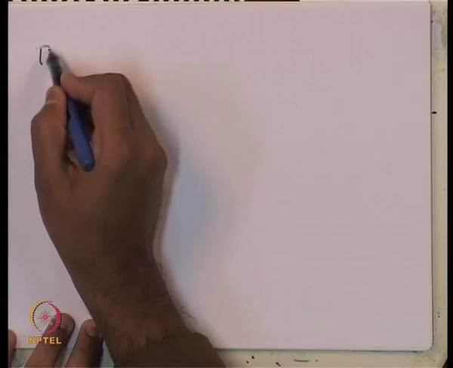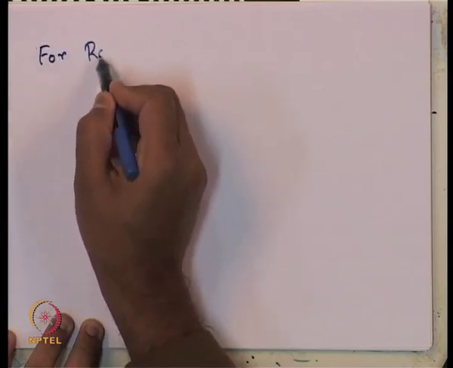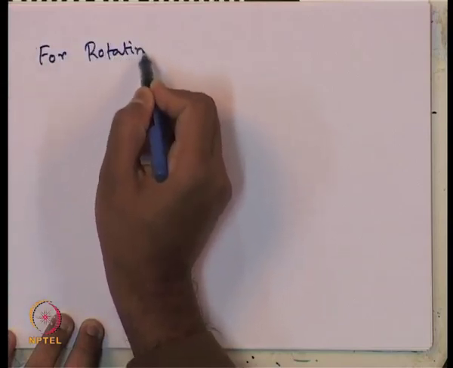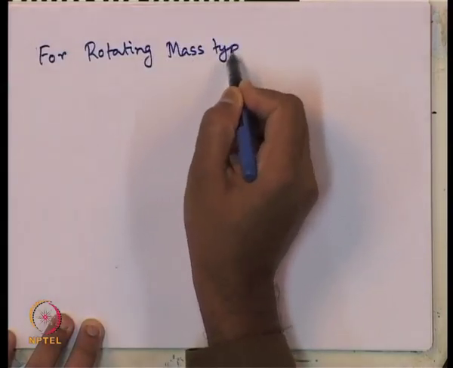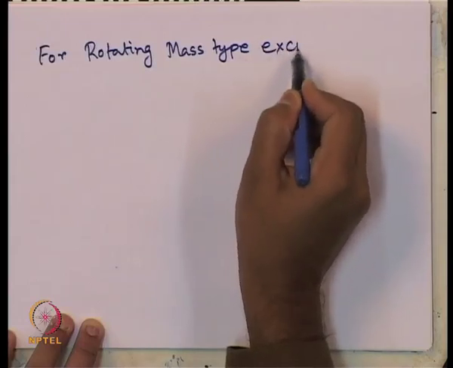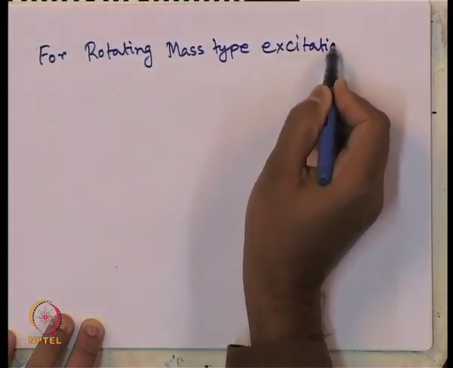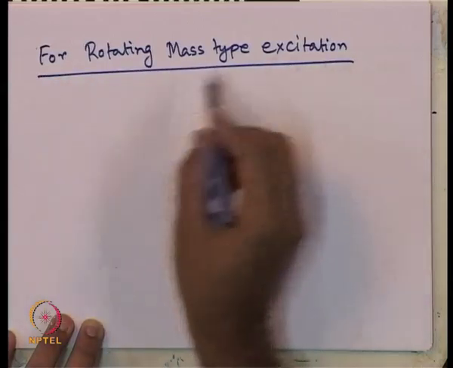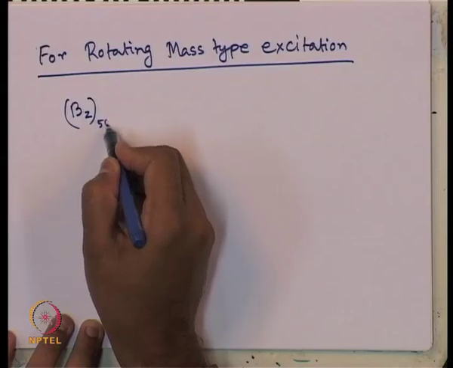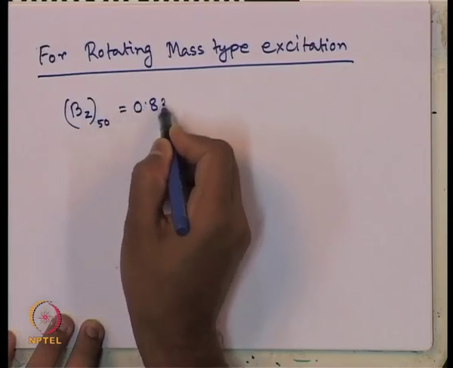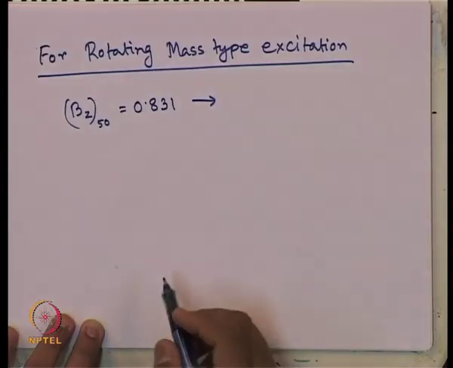Fine. Now, for rotating mass type excitation, let us see how much we are getting. For rotating mass type excitation, we have BZ for G equals to 50 as 0.831 from the design chart.